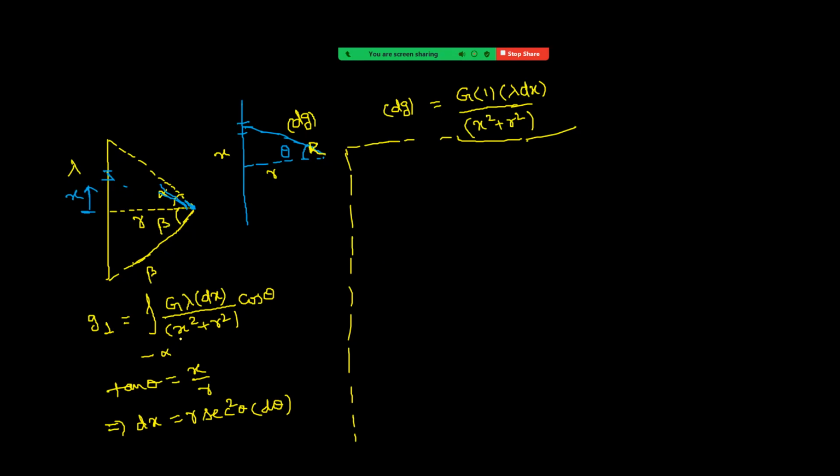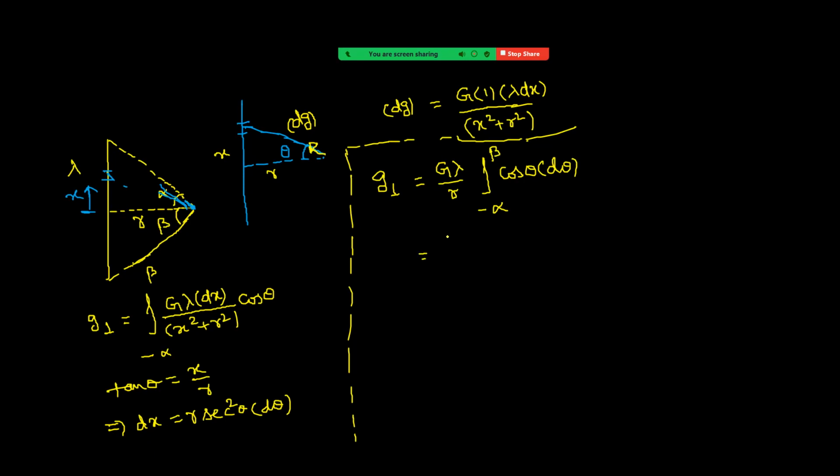In the place of x, writing r tan theta, r square tan square theta, taking r square outside, r square into 1 plus tan square theta, which is secant square. After substitution, g normal is equal to G lambda by r, and the remaining is the integration of cos theta d theta, with limits minus alpha to beta.